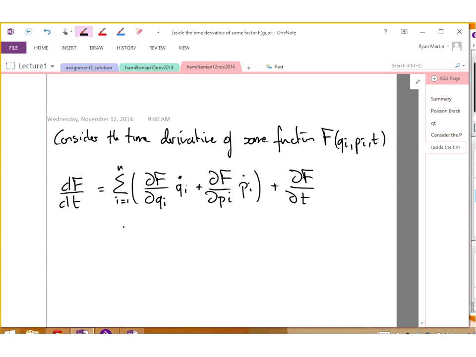Now let me insert the canonical equations into here. So the sum from i equals 1 to n. So remember, qi dot is equal to ∂H/∂pi, and pi dot is minus ∂H/∂qi.